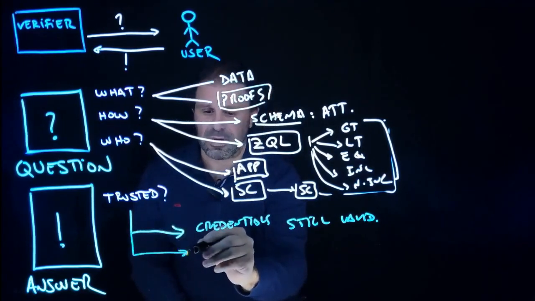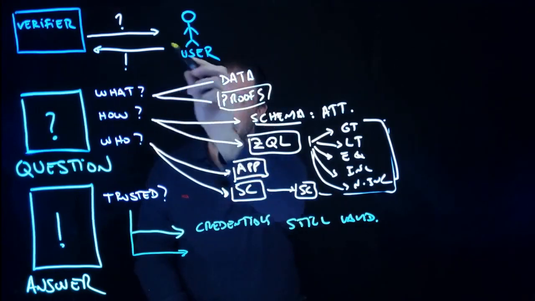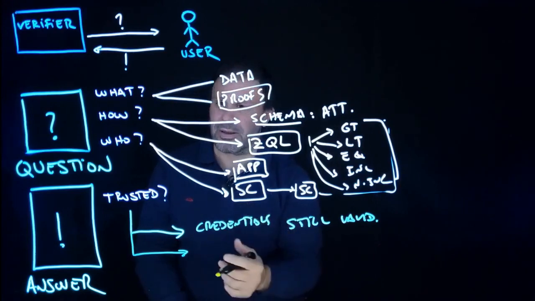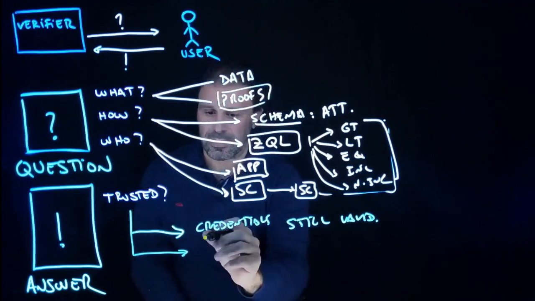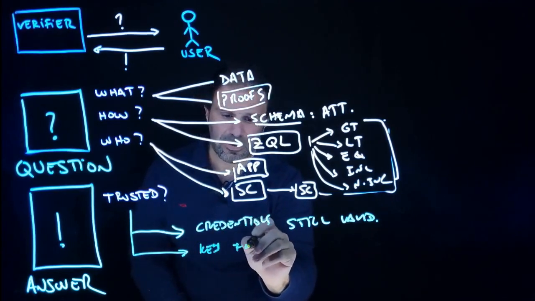Second, the verifier needs to know that the user that is signing the transaction is using a set of public-private keys that are still under the control of that identity. So the keys for the user are valid.